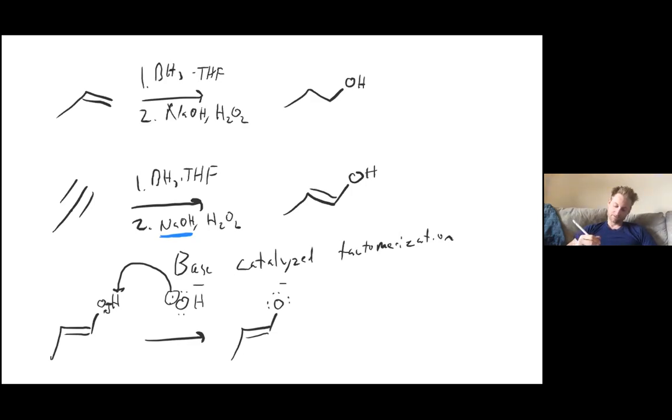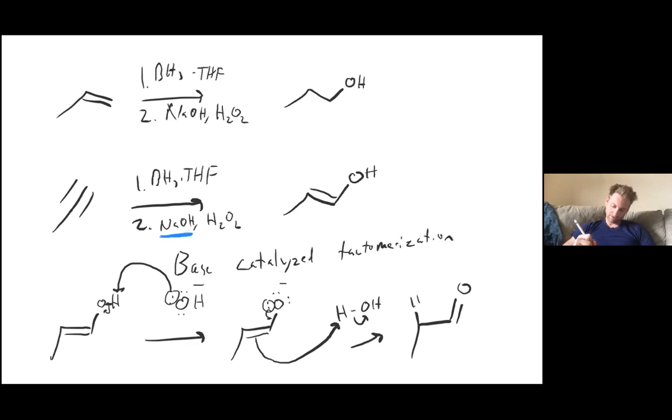And then we're going to have these electrons come down. We made water. Grab this proton off of our now water to remake our NaOH. And we will effectively shift that H from our OH into this carbon position and allow us to make an aldehyde.